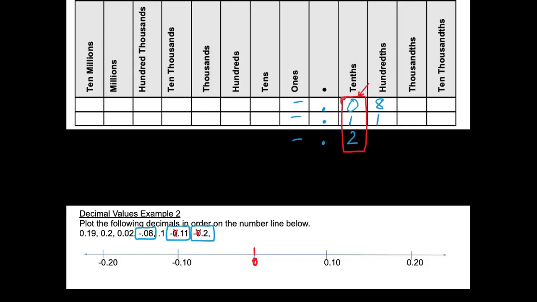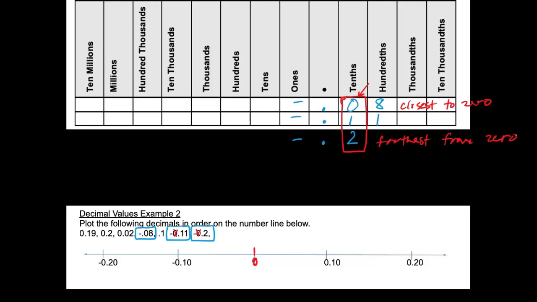Since we have the 0 here, that's the smallest number out of the 0, 1, and 2, it means that negative 0.08 is closest to 0, closest to the middle. Negative 0.2 is going to be farthest from 0, and negative 0.11 is going to be in the middle.